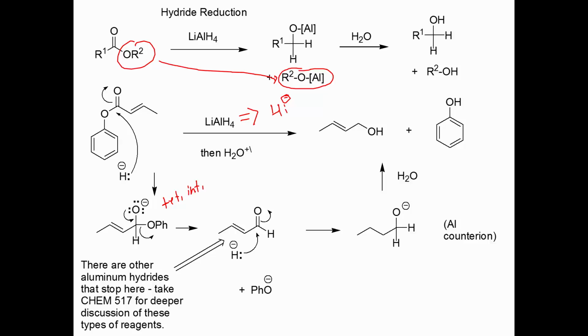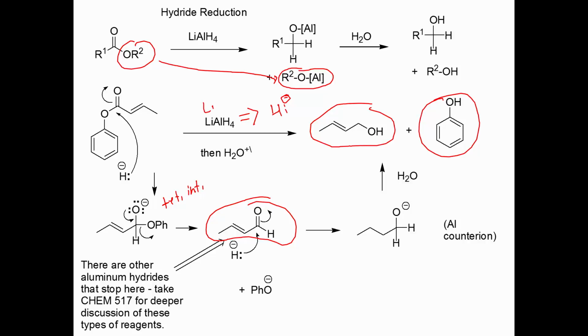The tetrahedral intermediate collapses to produce an aldehyde, and an aldehyde we well know is reactive to lithium aluminum hydride, so it just reacts with additional moles of lithium aluminum hydride, and you eventually end up with these two alcohol products right here. Okay, if you had used lithium aluminum deuteride in this reaction, you would end up with two deuteriums right there.